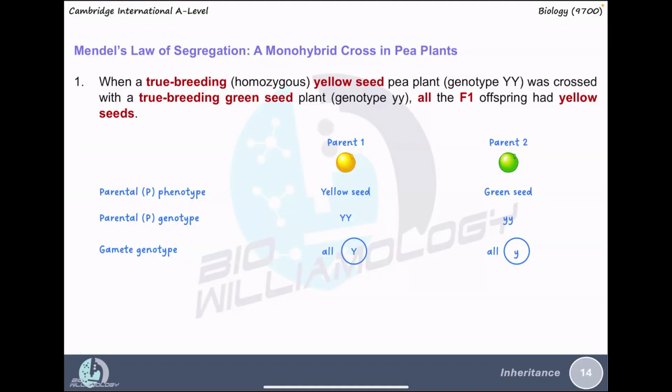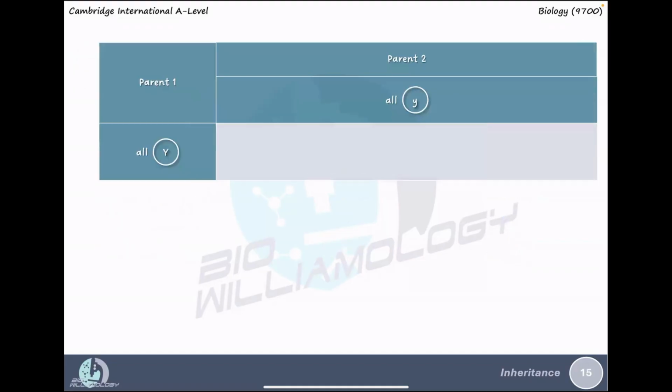Always remember, when we write gamete genotypes, make sure that we circle the gamete genotype. In this Punnett square, we can see that the F1 generation will be all heterozygous and show the dominant trait, which is yellow seed.